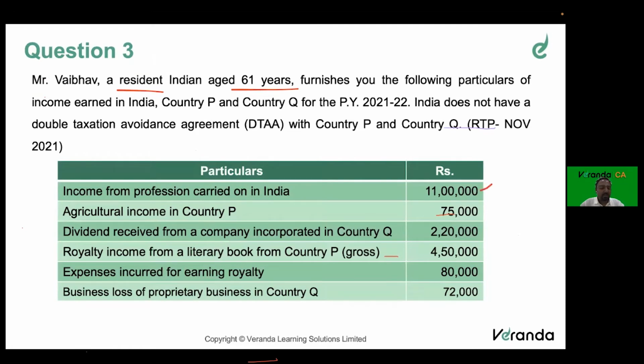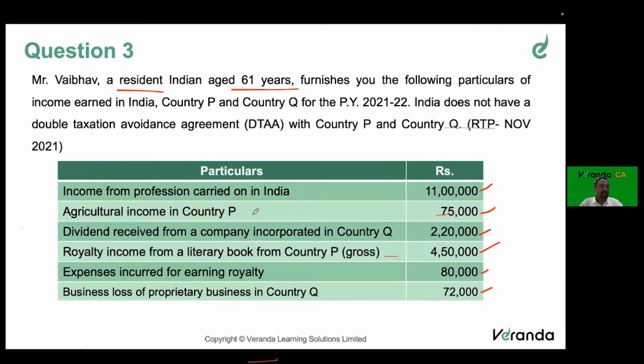Profession income is 11 lakhs. Agriculture income in country P is 75,000. Dividend is 2,20,000 in that country. There is royalty income from P, with expenses incurred on the royalty. And then there is a business loss of 72,000. Whenever you're reading a line, immediately try to remember what portion we are talking about. We need to see the treatment of agriculture income.